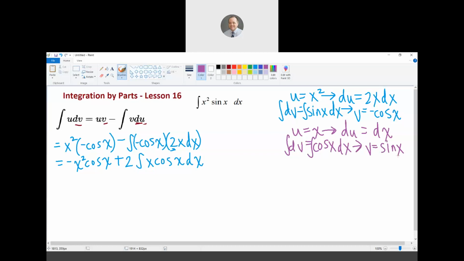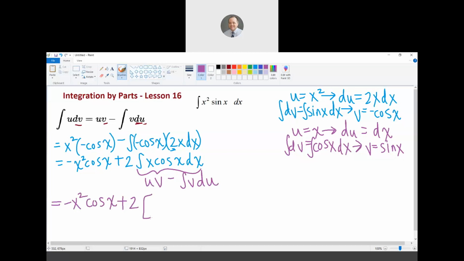Now be careful. Right here, we're using our parts formula again. So whatever's in front, you bring down. Negative x squared cosine x plus 2.